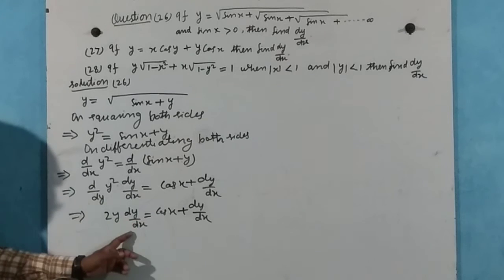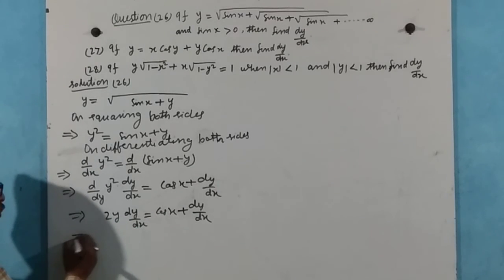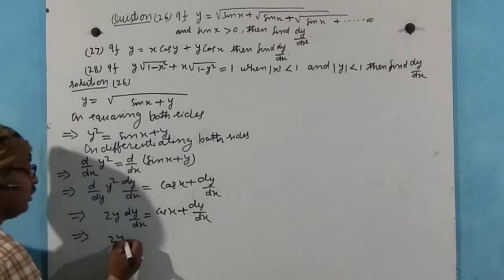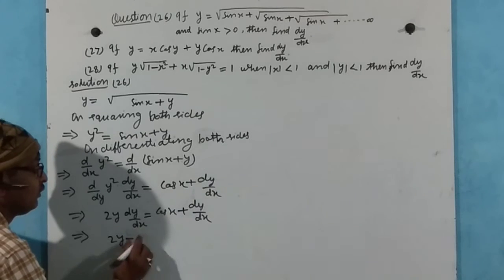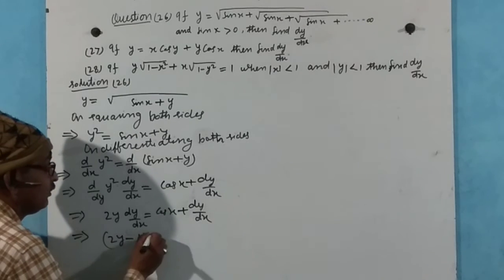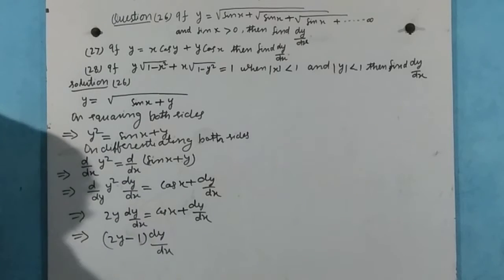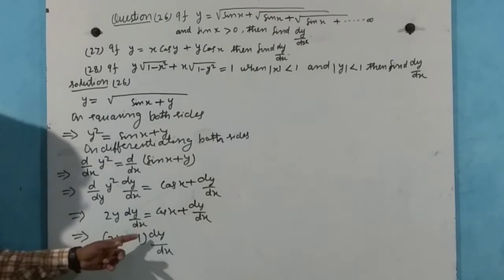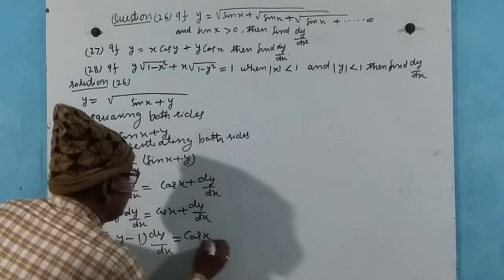This comes here, and this can be written as (2y minus 1) dy by dx, because only dy by dx comes here, equal to cos x.